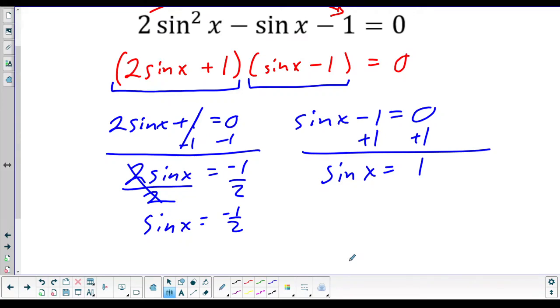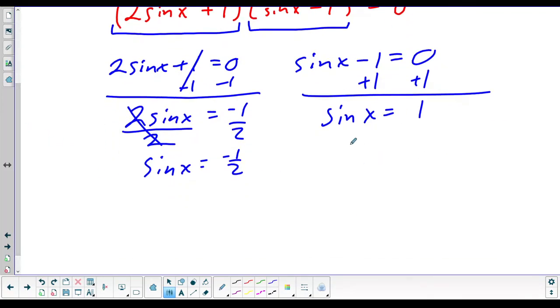So now what we're looking for is, on our unit circle, all the places that sine of x, which is the y component of the unit circle, is negative 1/2 and positive 1. Let me do this over here.